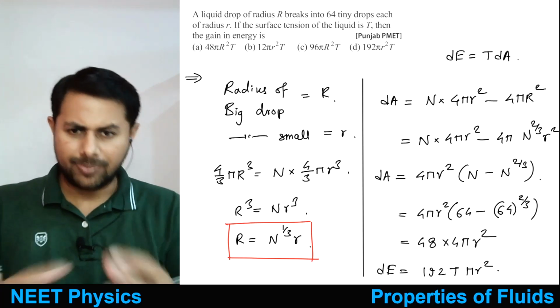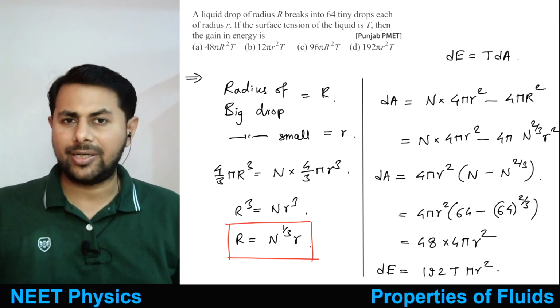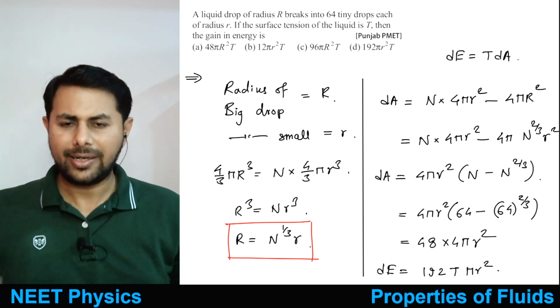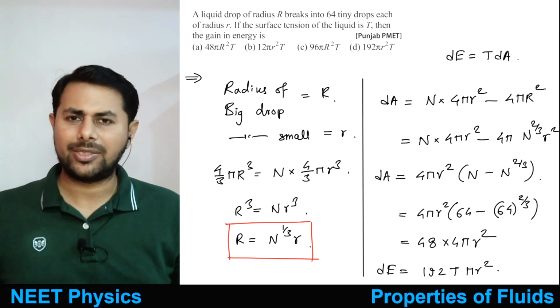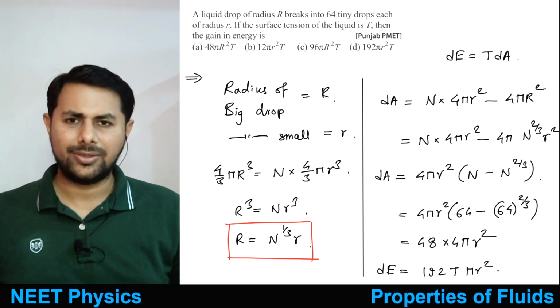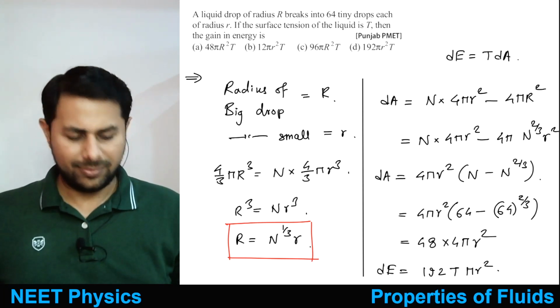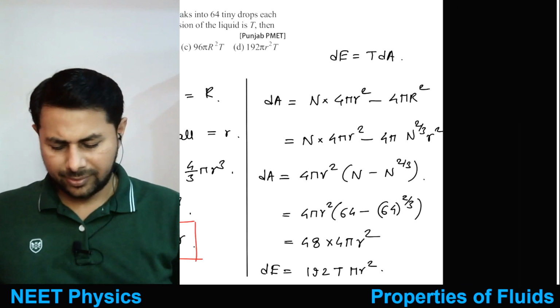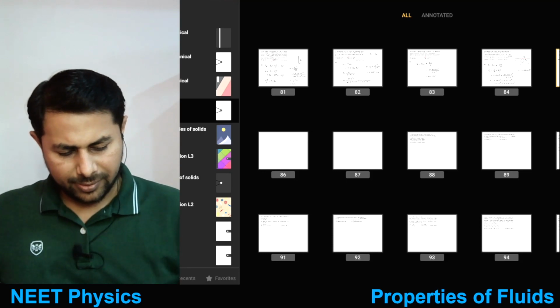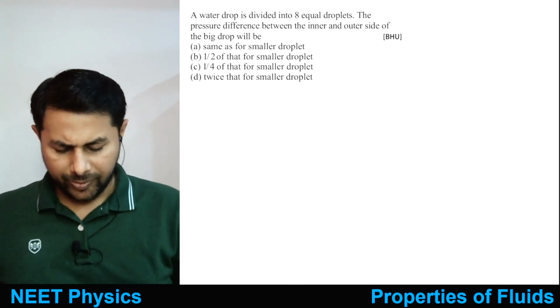If drops coalesce to form a bigger drop, then there would be a decrement in area, and in that case some energy would be released because surface energy will decrease. The energy is released in the form of heat. Okay, this thing is clear, everyone? Okay, let's see the next one.